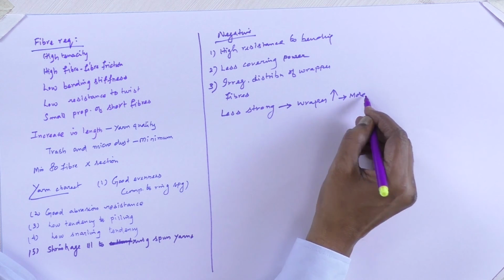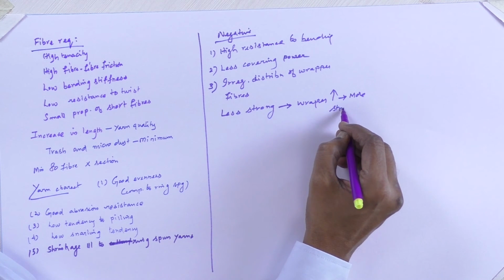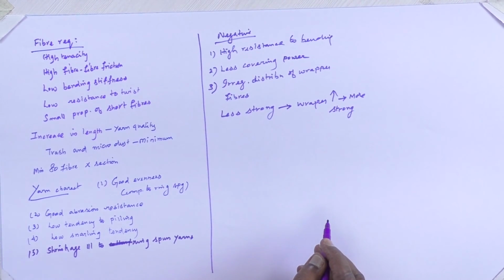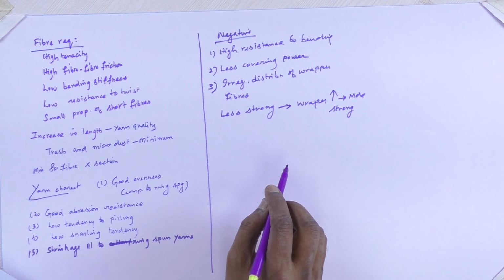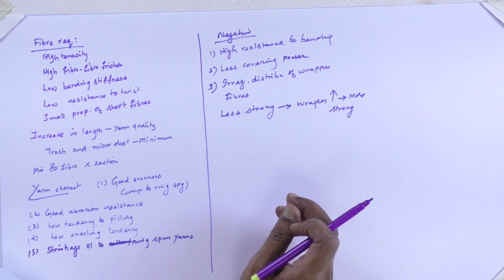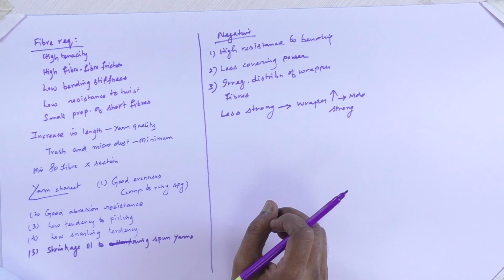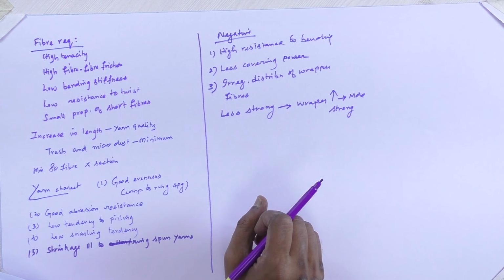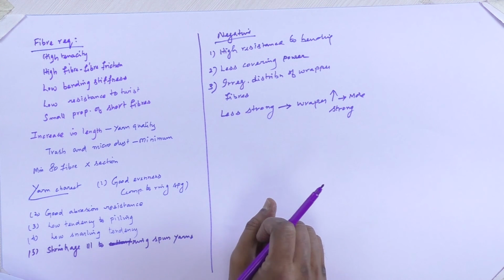But unfortunately, if we increase the number of wrapper fibers, the yarn becomes stiff and the fabric also becomes stiff. As a broad guideline, the pure synthetic and blends with at least 50% synthetic fibers achieve about 80% strength of the ring spun yarns.